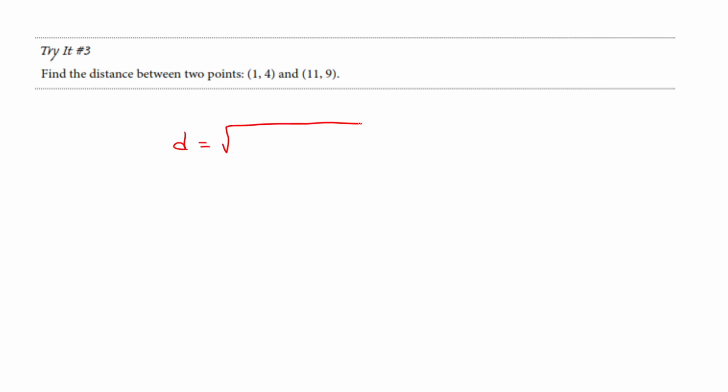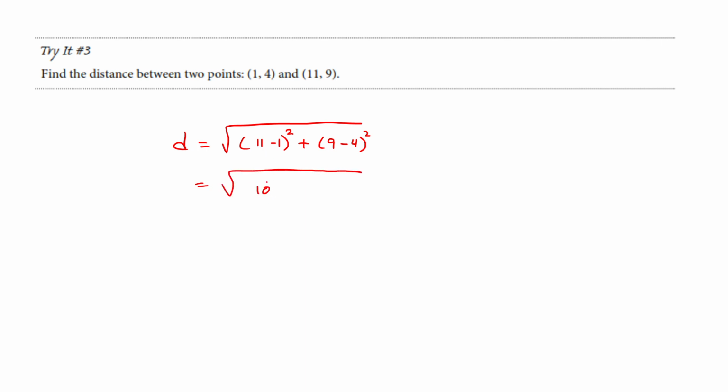We're going to do the second x minus the first x, and then square it, plus the second y minus the first y, and then square it. Again, this formula is not something that's really necessary to memorize, because it's really just the Pythagorean theorem if you think it through. But it is super important, so make sure you've got that down.